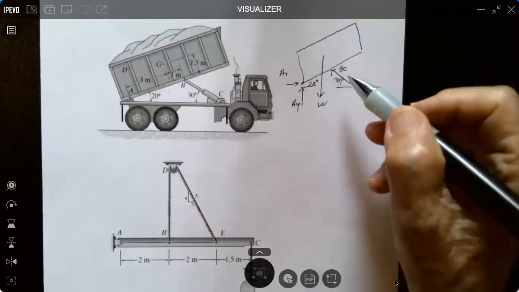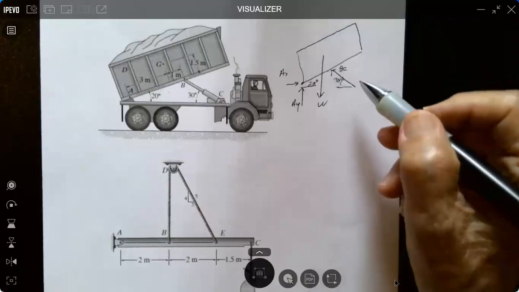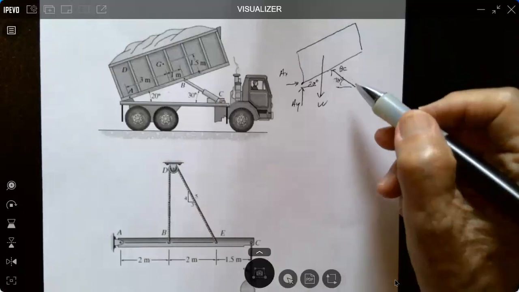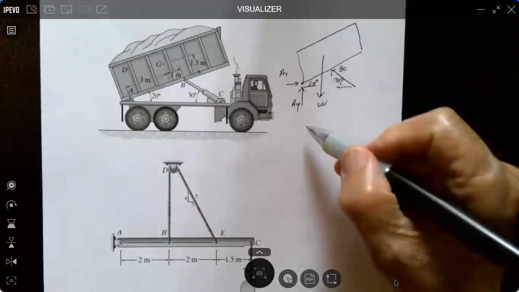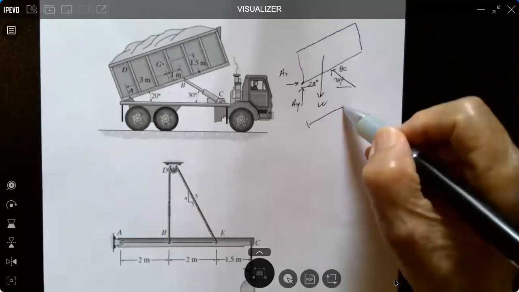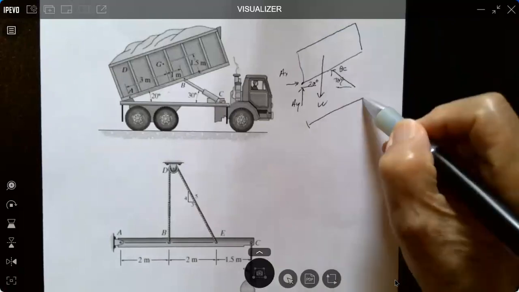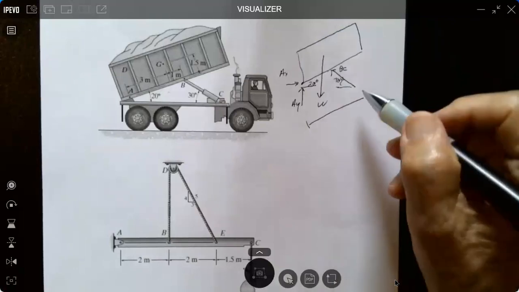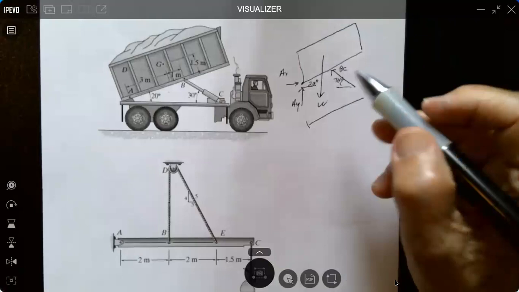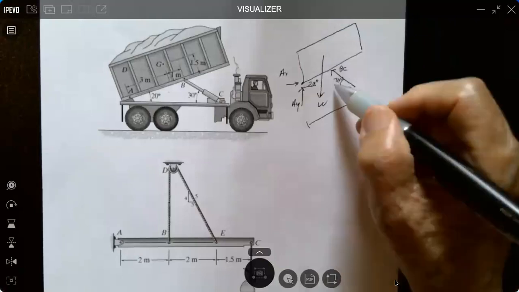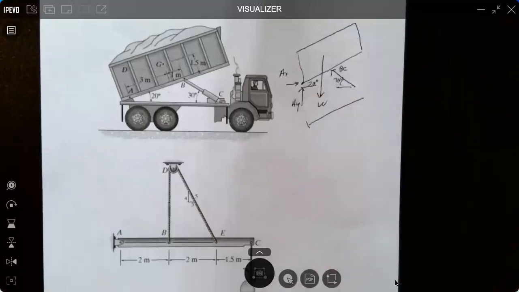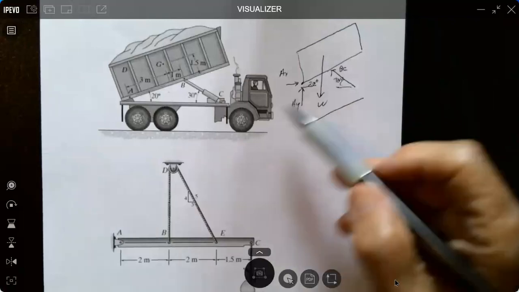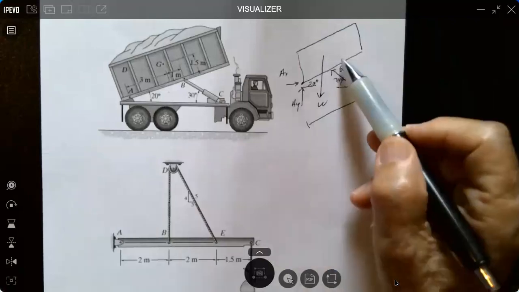And I have dimensions now that are following this angle, 30 degrees with the bed.